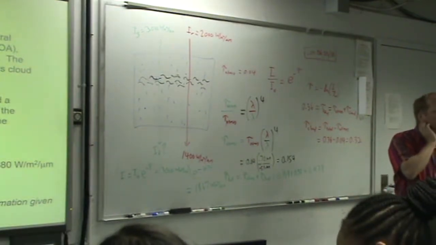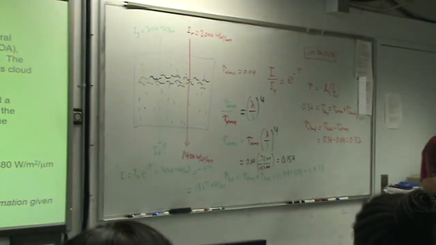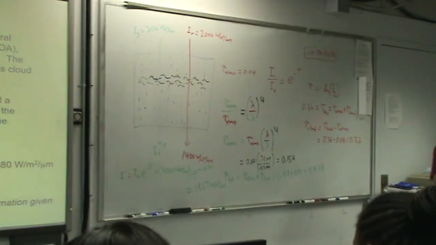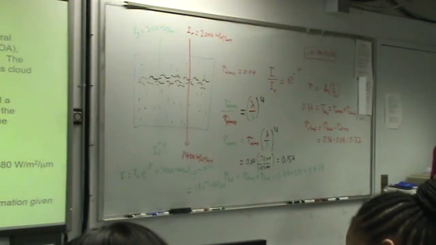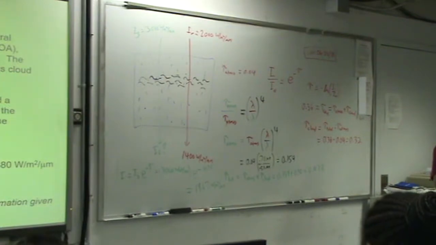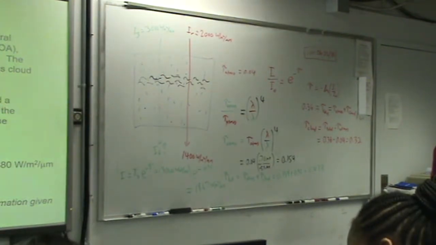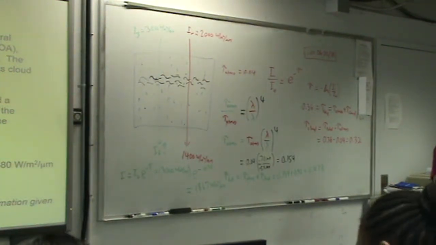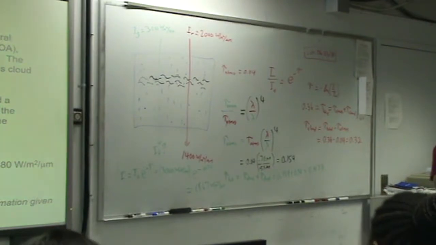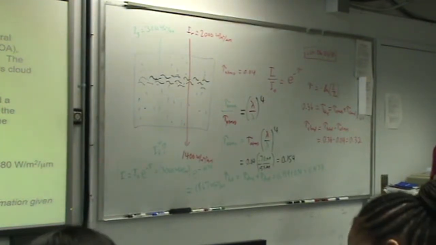So I have a question. I couldn't really hear what she said. I don't know if it's the same way I did it, but what I did was I calculated the intensities of the red and green after the atmosphere for the clouds. And then I used that equation after calculating the relevant optical depths.